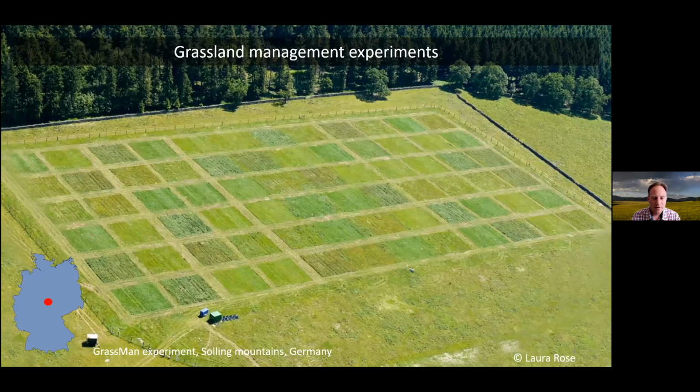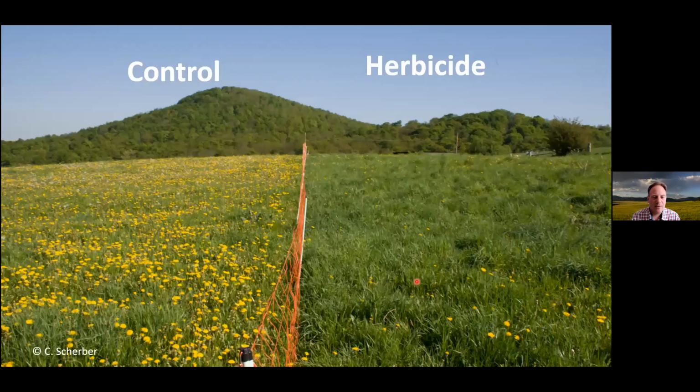Looking at this in closer detail, herbicide application against herbs leads to a grass-rich sward, whereas you have a herb-rich sward on the left-hand side here. This is not the same experiment, but it's close by, and you can see the difference in great detail here.